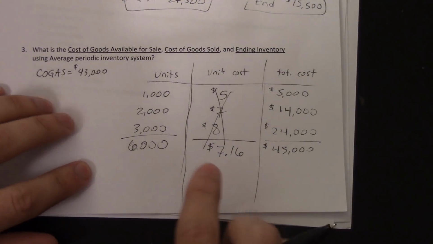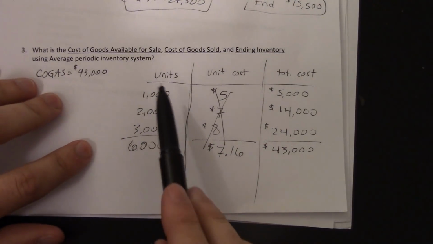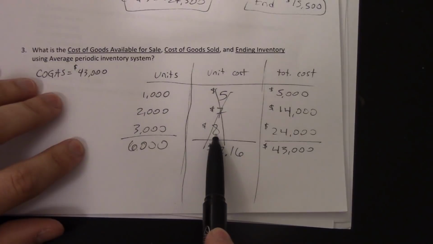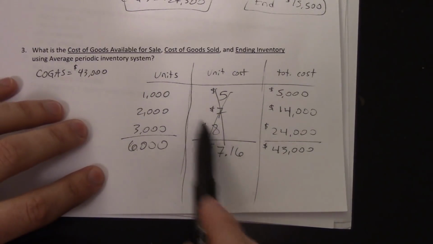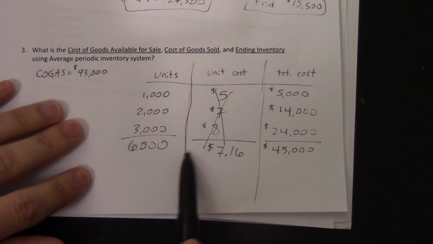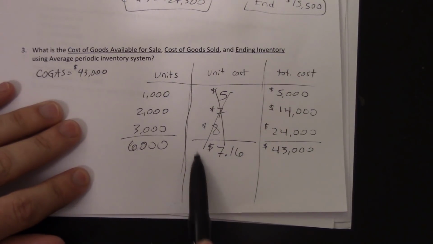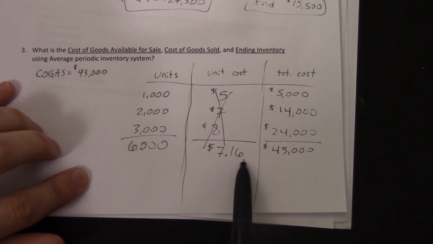There's our unit cost. We pretty much have said, okay, we have a bunch of units with different unit costs, so let's just say all of our units, which is 6,000 units, have an average cost of $7.16.